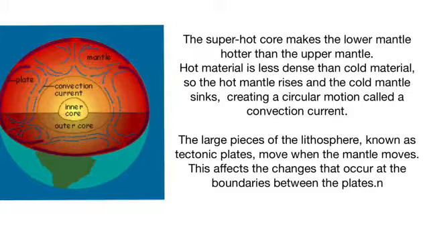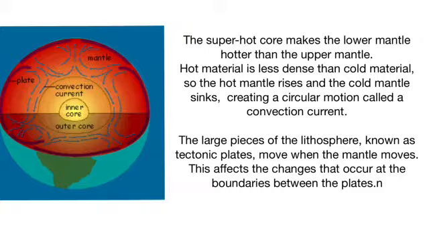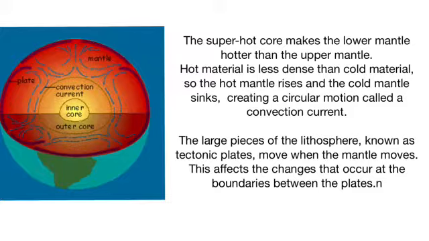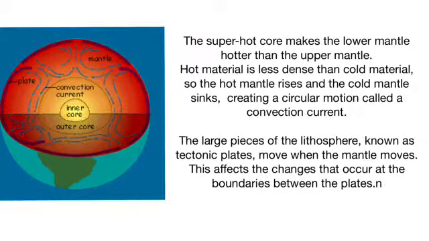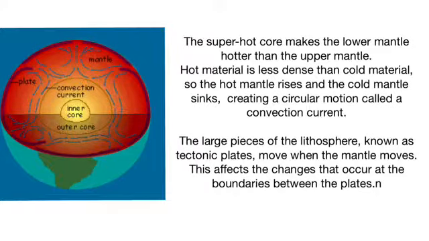So you have the Earth's crust divided into these big pieces called tectonic plates, and those pieces, which are mostly the lithosphere, the brittle part, they float around on the asthenosphere, which is much more slippery. Now, the heat from the Earth's core makes the lower part of the mantle, the asthenosphere, much hotter than the upper mantle, and it's the differences in temperature that can cause the mantle to start moving around.